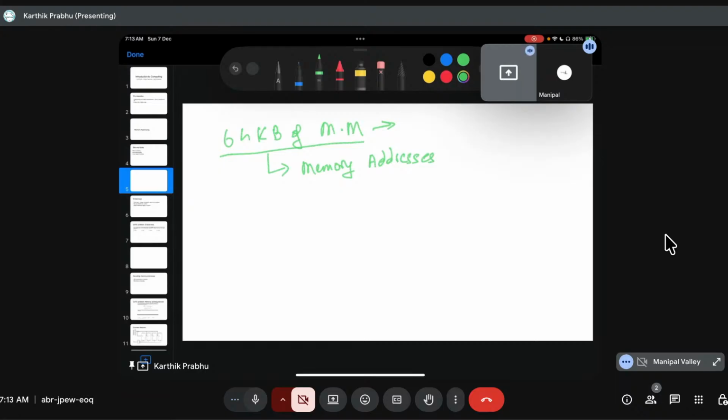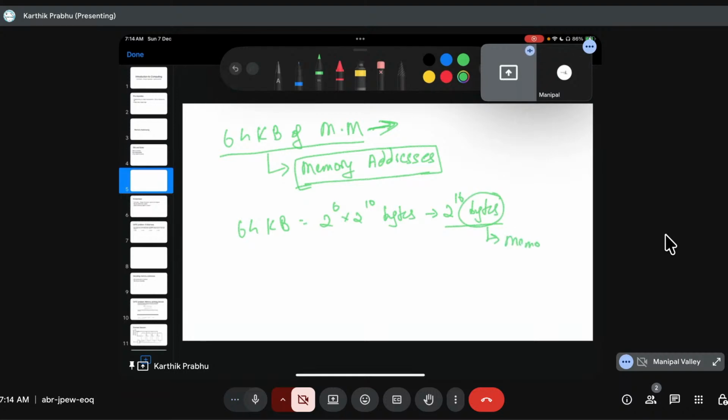Would the number of memory addresses be the same as the storage of the main memory? 64 kilobytes is 2 power 6 into 2 power 10 bytes, which is 2 power 16 bytes. Each byte has a memory address. So 2 power 16 bytes should have 2 power 16 memory addresses.